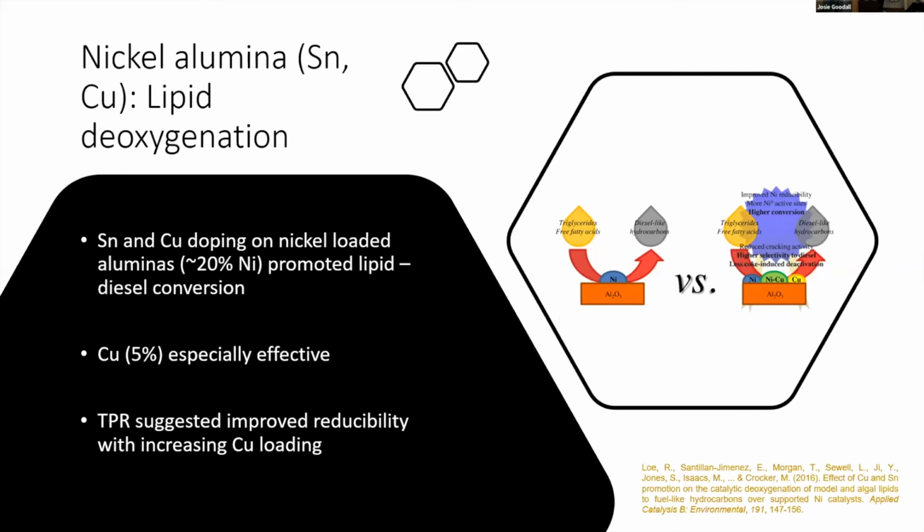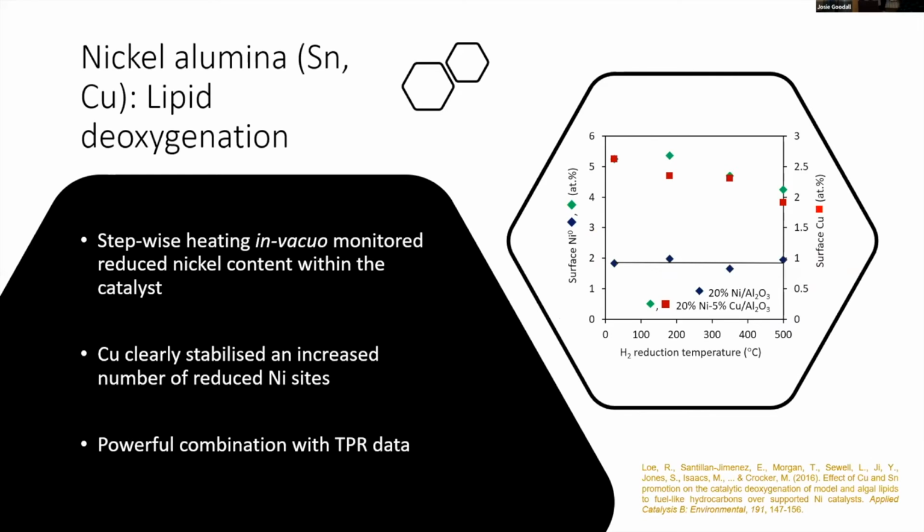But we wanted to have a look at XPS and see how the oxidation states tracked with the TPRs. And so we basically put them in the XPS and heated them following this TPR reduction, and we can see the different oxidation states in each temperature range in the TPR, which allows us to use the resulting combination to understand something in the catalyst.